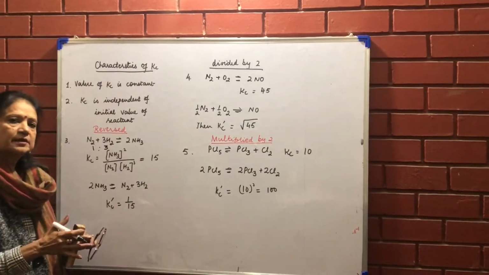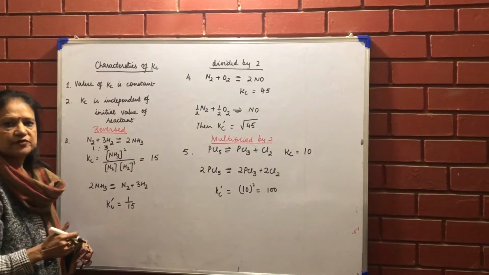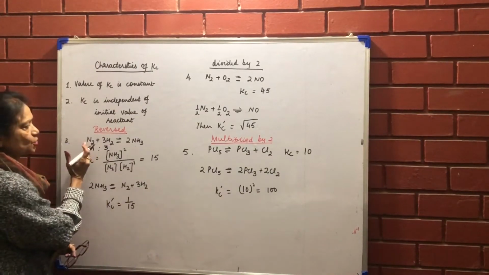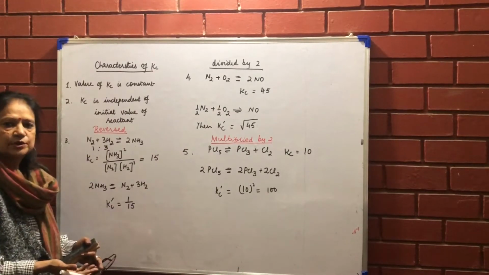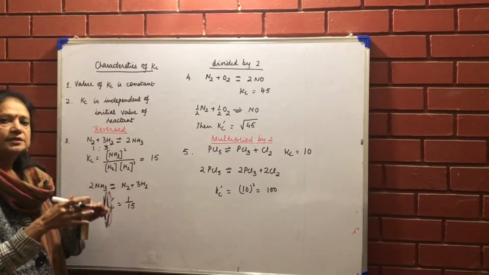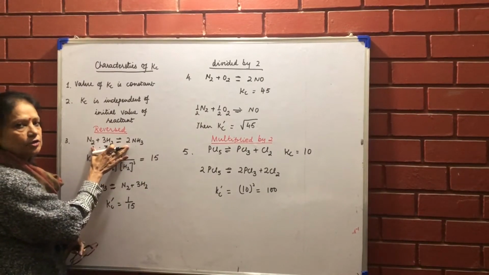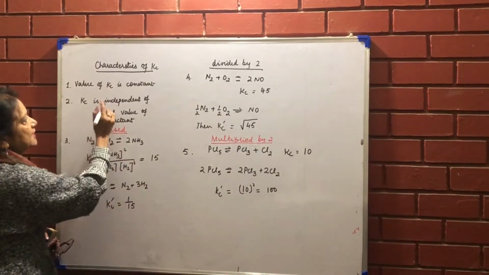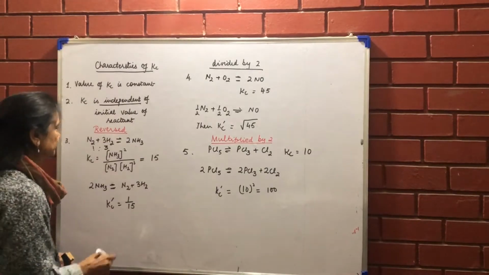If I put in my container 2 kgs of nitrogen and 500 kgs of hydrogen, all of them are not going to react. Only in the ratio of 1:3 are they going to react. So whatever initial amount you take, it does not matter. It is going to matter according to the reaction, at equilibrium, how much of each of them will be present. So it is independent of the initial value of reactants.